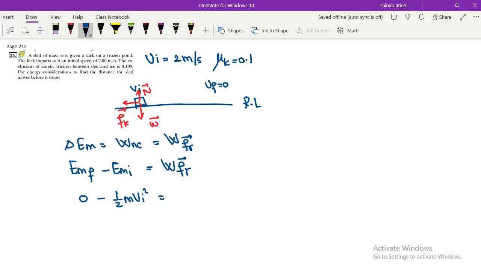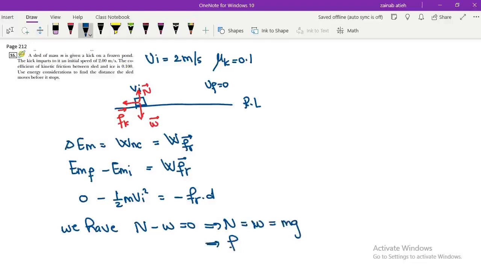If friction is a constant force, its work equals minus fr times distance traveled, which is the distance I'm searching for. Now I don't have the friction, but they gave me mu k. We know that the sum of forces along the vertical is 0. So n minus w equals 0 because there is no motion along the y-axis. This implies n equals w equals mg. Once we know n, we can find the kinetic friction.